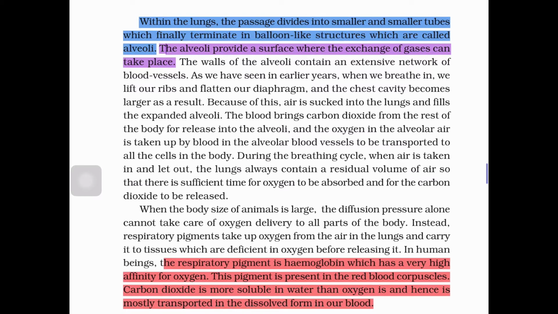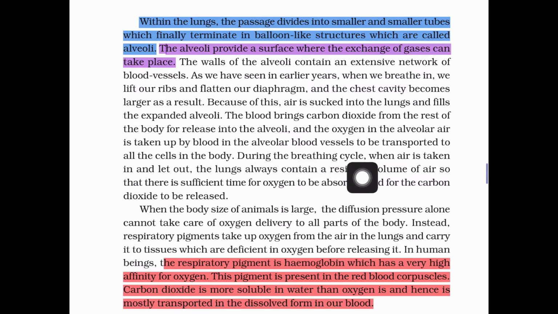So the carbon dioxide mixed with the blood is taken inside the lungs from different parts of the body, and in the lungs it is filtered and oxygen is added to the blood, and this blood is again transported to every part of the body through blood vessels.